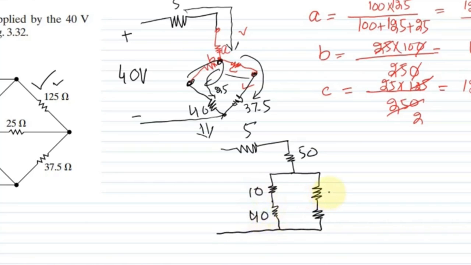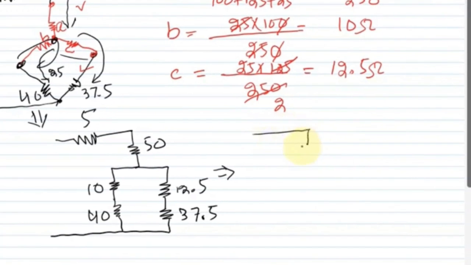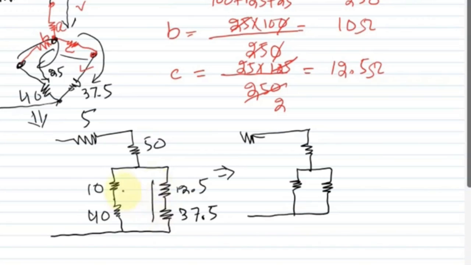The resistor C, which we have now found, is 12.5, and this is 37.5. So these two are now in parallel, and adding them together, because these two are in series, these two are in series, and these two are again in series.